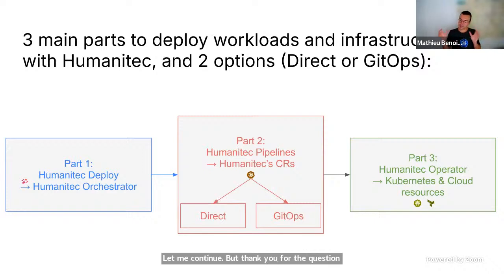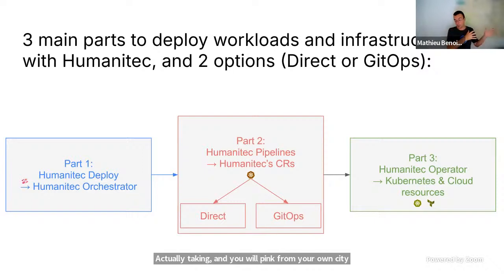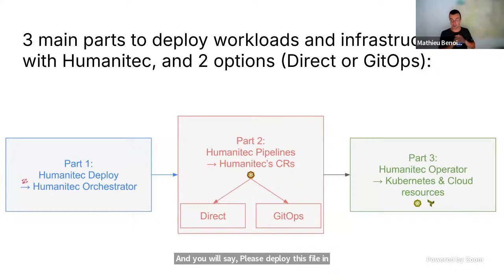Three main parts to understand with the orchestrator. We take the Score file, part one on the left in blue. You will ping our orchestrator, API driven, from your own CD tool, and say, please deploy this Score file in this context, right? That's the first part.